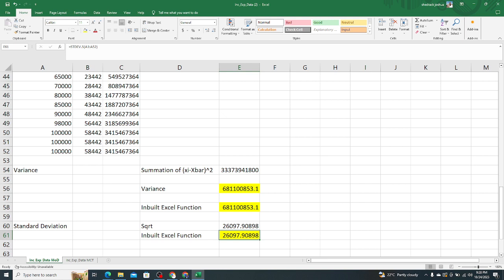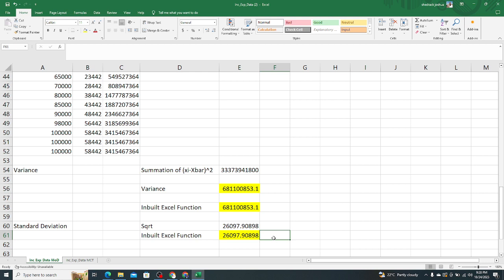So basically, let me take you through this. Standard deviation, of course, is also a statistical measure, and it quantifies the extent to which the individual data points in a data set deviate from the mean.